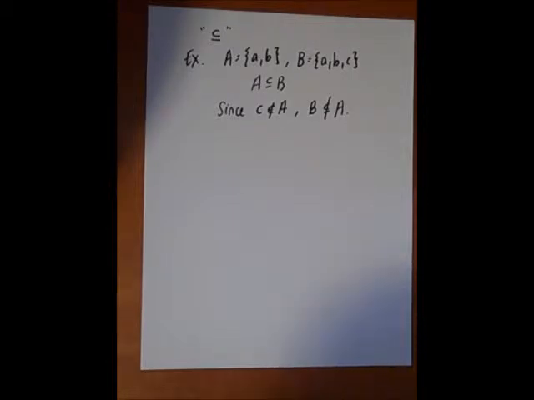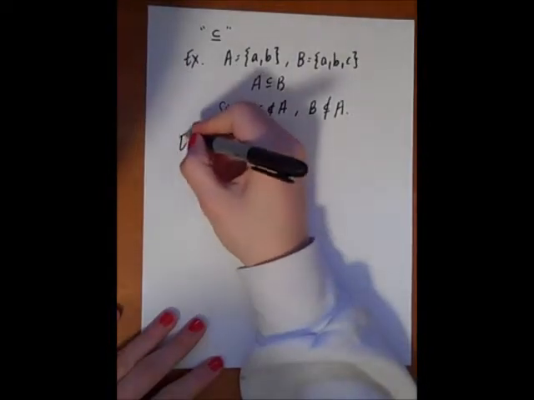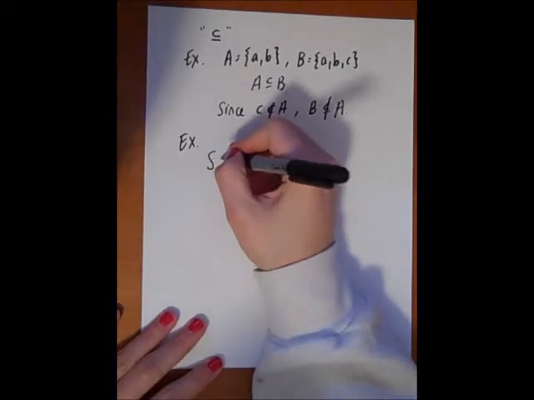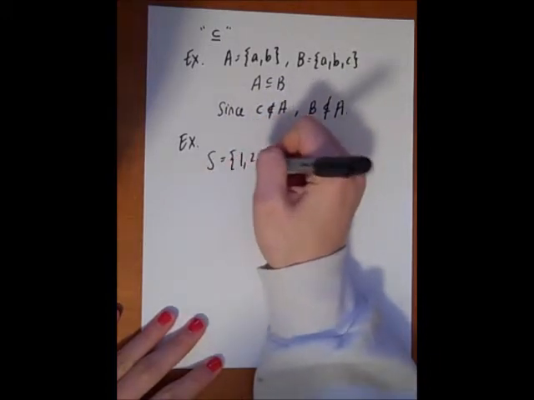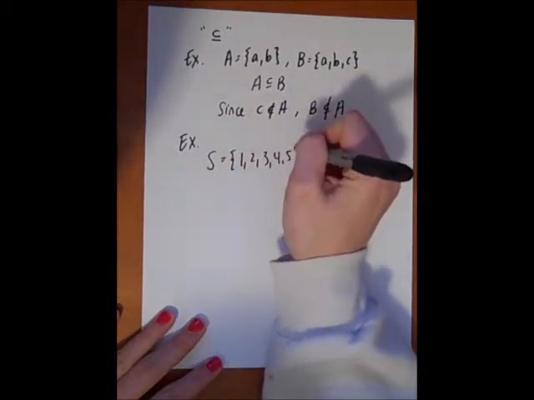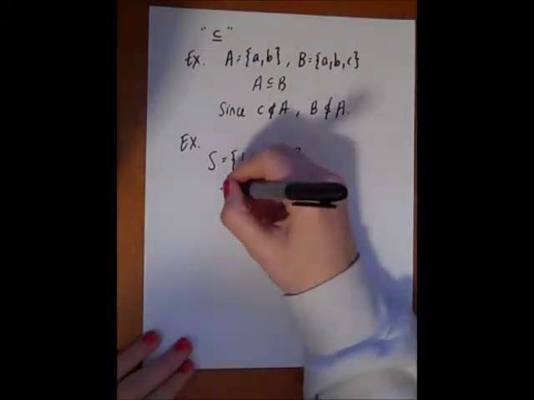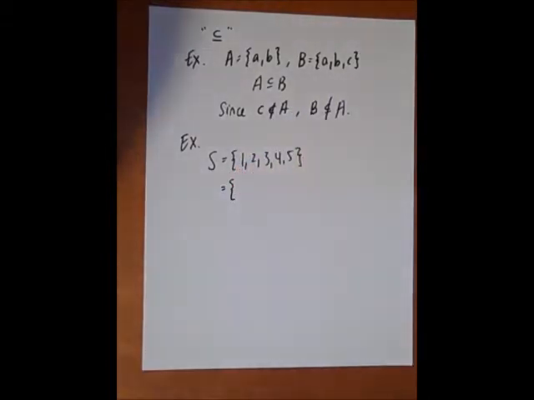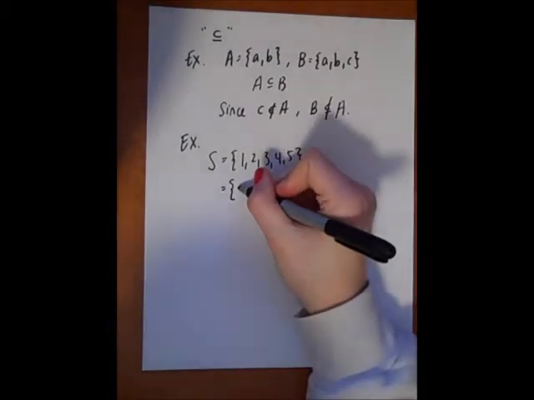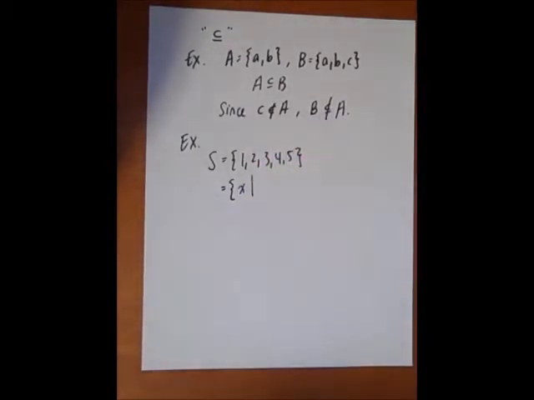Now there are a couple different ways to define sets while we're doing this. Let's talk about the set of the numbers 1, 2, 3, 4, and 5. If we were trying to think of a different way to describe this, what we could do is define it explicitly. A different way to define this is to say, this is the set of all x, so x is our variable.